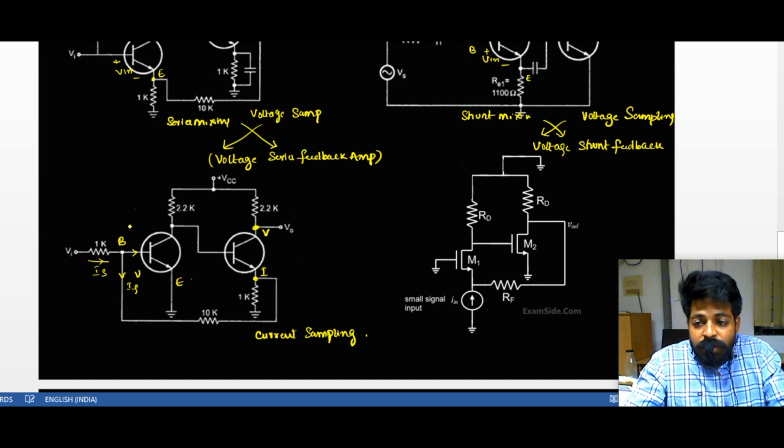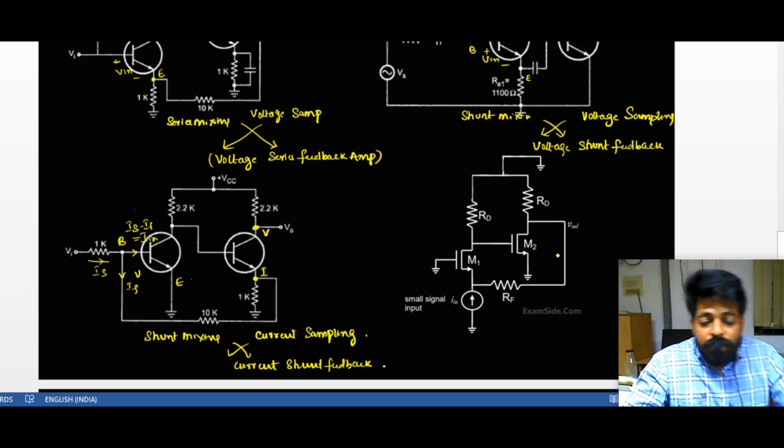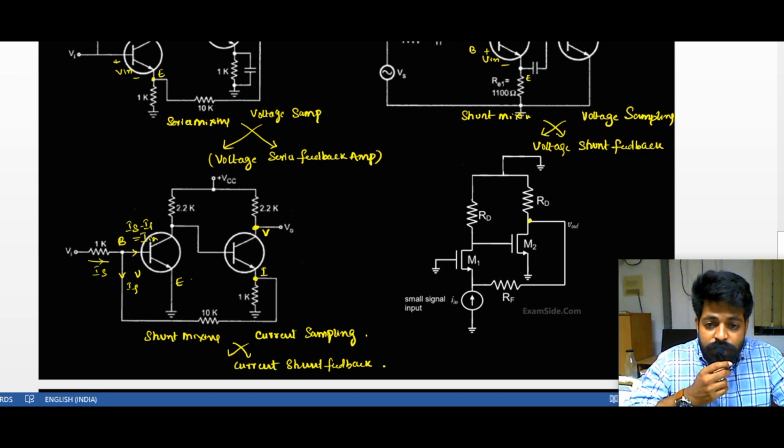So this will be IS minus IF, that will be your I input. The current signal is getting subtracted, or that feedback signal is mixed at the base branch. We can remember this is for shunt mixing. So if you combine together, current shunt feedback amplifier.